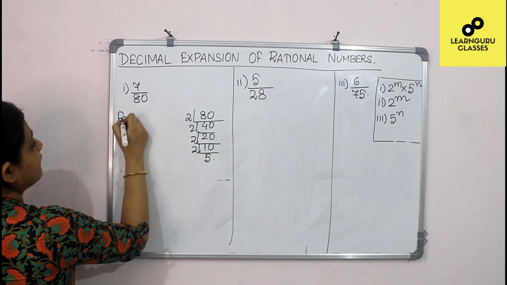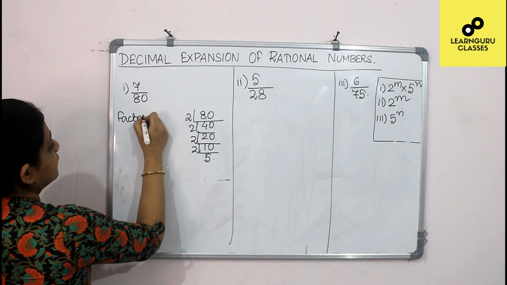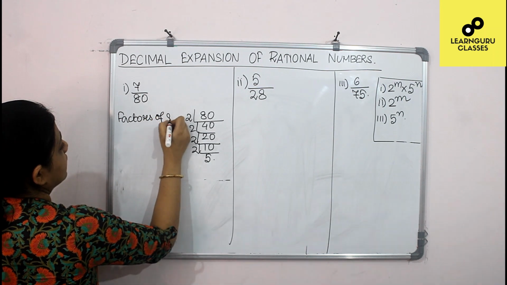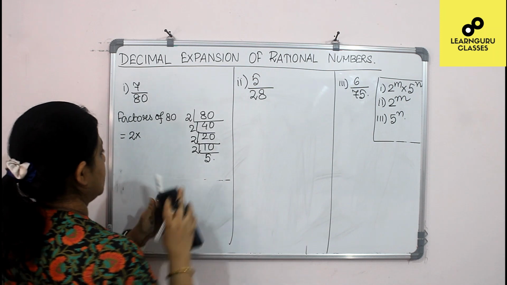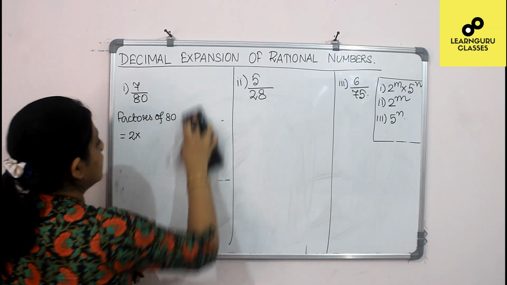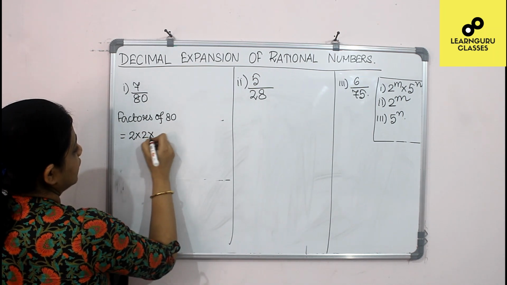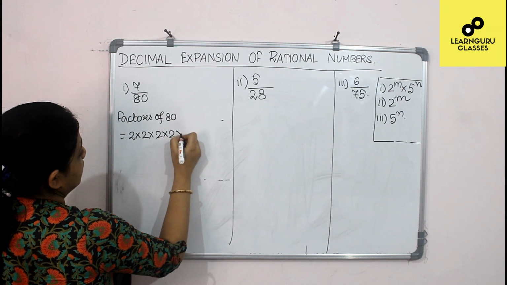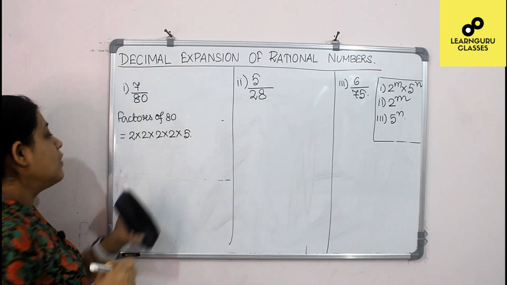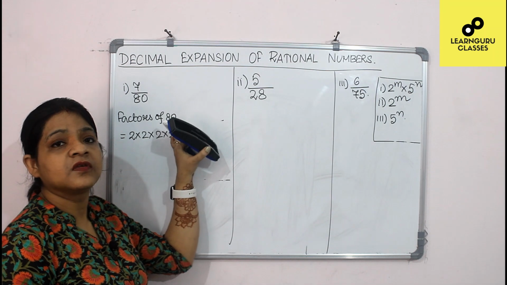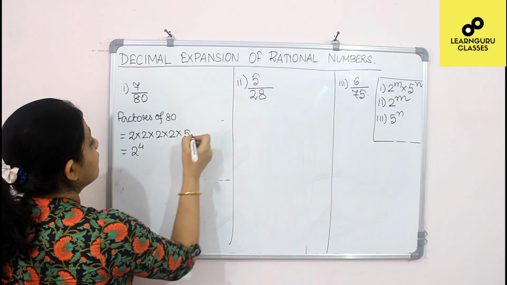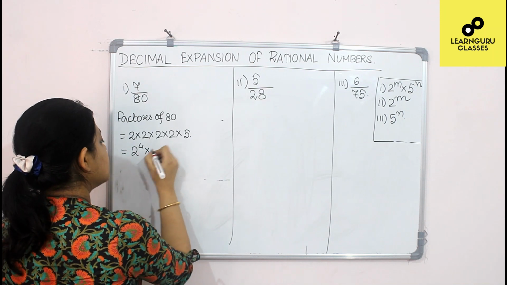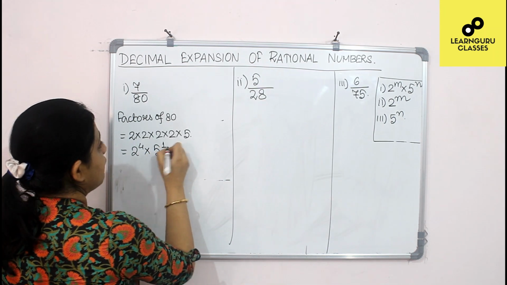So the factors of 80 are 2 into 2 into 2 into 2 into 5. 2 is repeated 4 times, so it is 2 to the power of 4. 5 is repeated only once, so it is 5 to the power of 1.